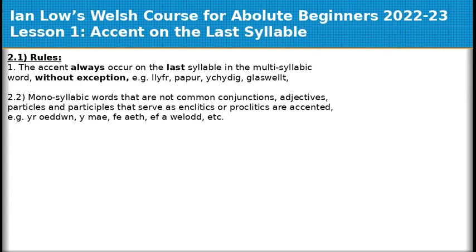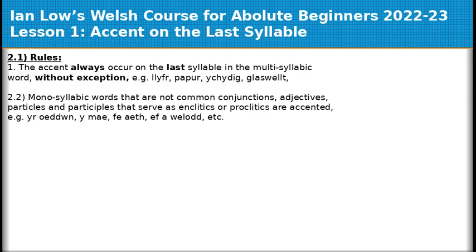And then we have adjectives such as deg, which means fair, iawn, which means all right, and mwy, which means more, which are all accented as well. But in the case of monosyllabic words, we do have a rule that governs when words of one syllable are not accented.